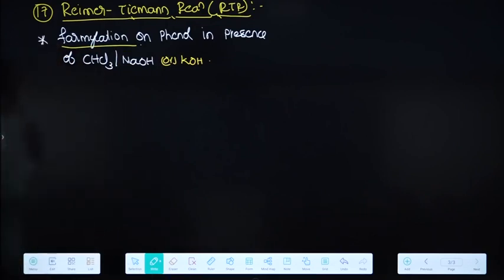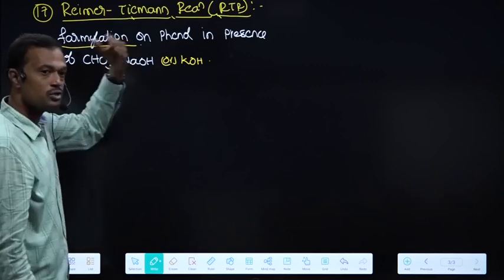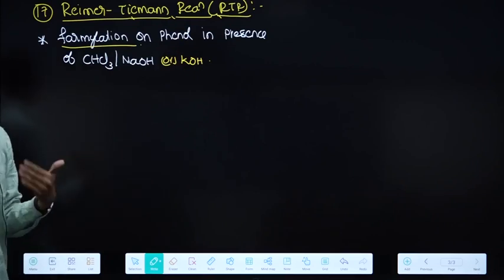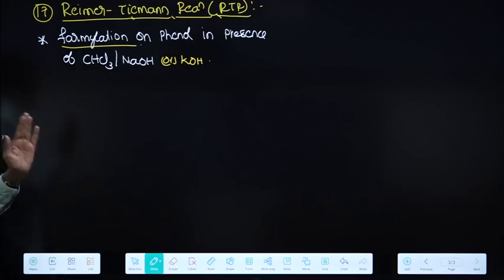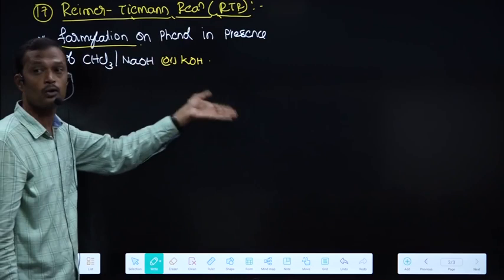First thing is formylation. Normally formylation on benzene is not possible by using acylation reactions. So it is a modified form of formylation, a deviation from normal formylation reactions. Normally formylation is not possible by taking formyl chloride.